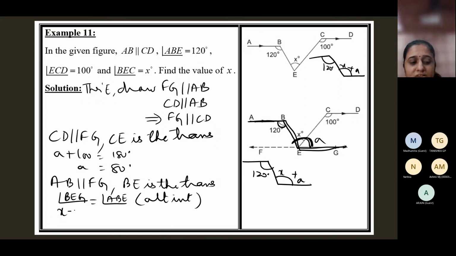X plus A. So X plus A is equal to ABE, which is 120. But we found A is 80. So X plus 80 is equal to 120. So X is equal to 40 degrees.